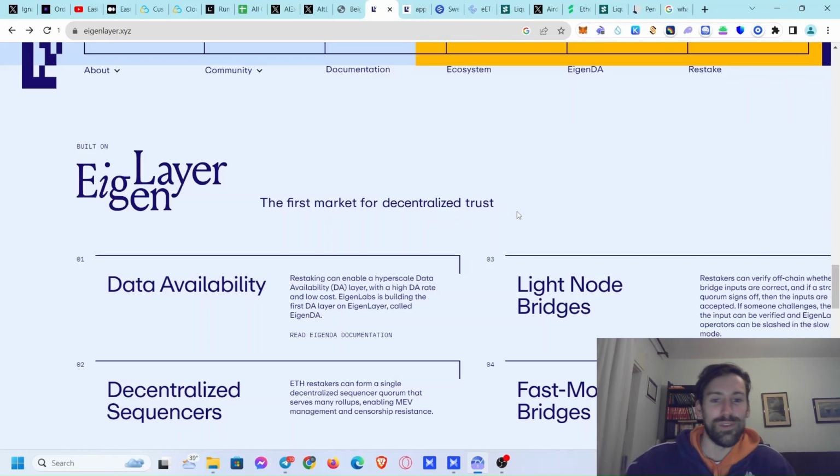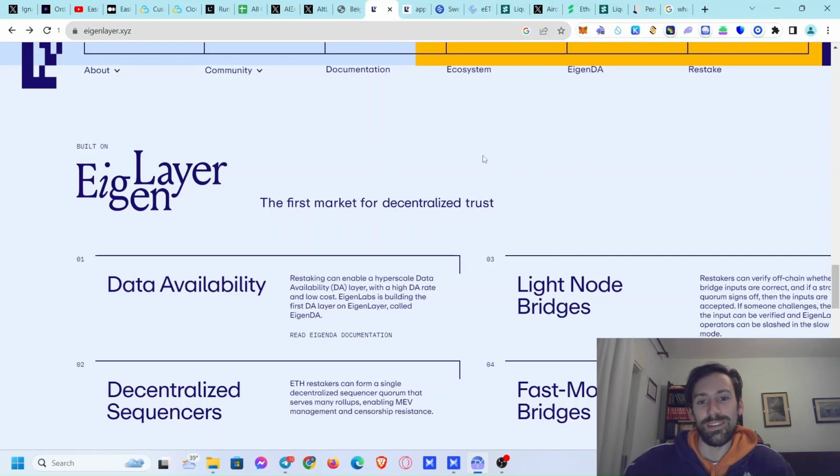And of course, projects and the general public have taken note, and that is the main reason that they have accumulated over 1.3 billion in total value locked over the last few weeks and months, where they have secured several partnerships with many restaking protocols that we'll be talking about today, such as SWELL, Ether.fi, and others.